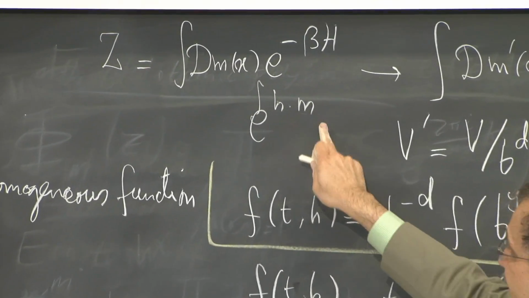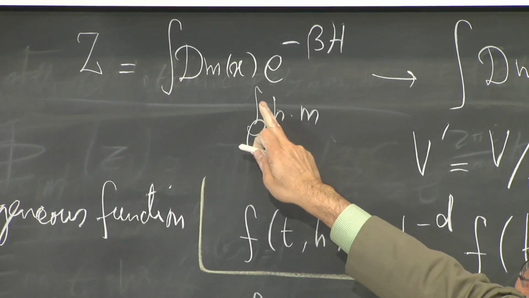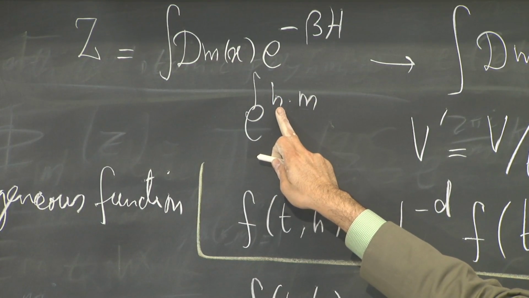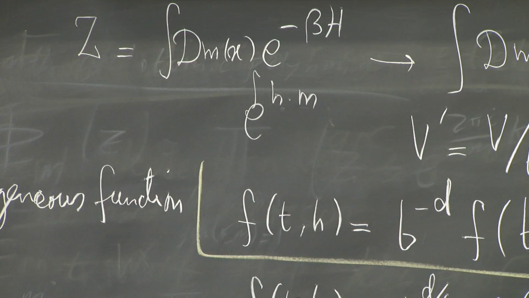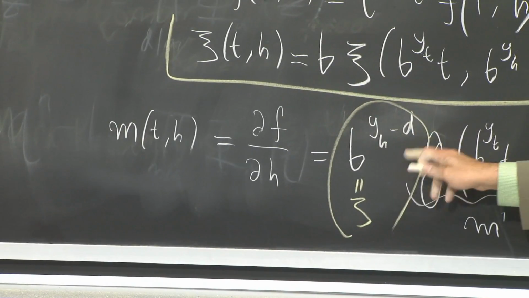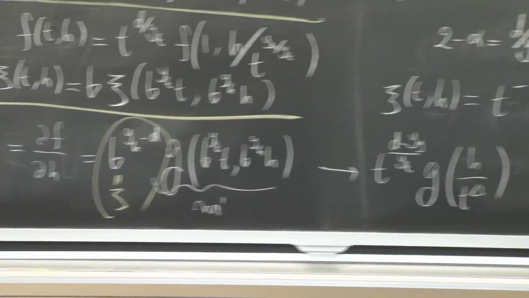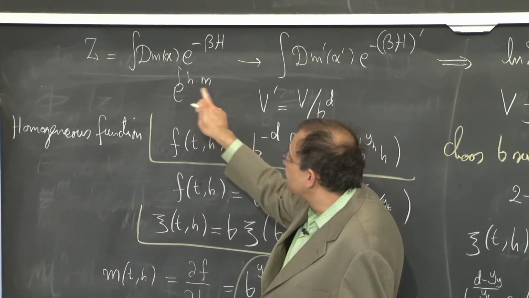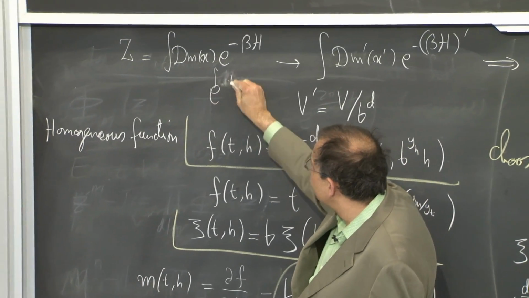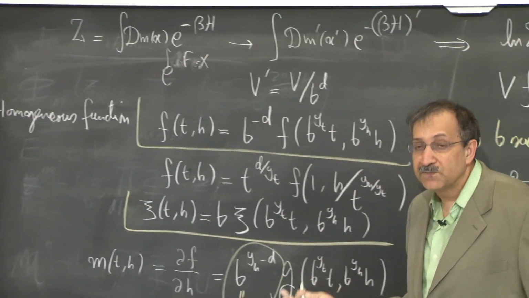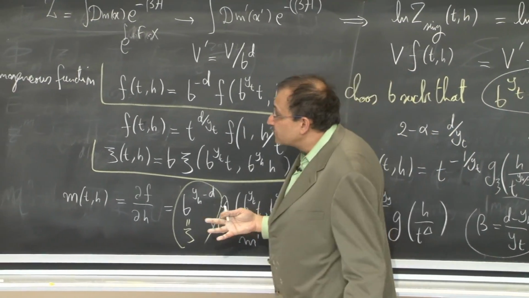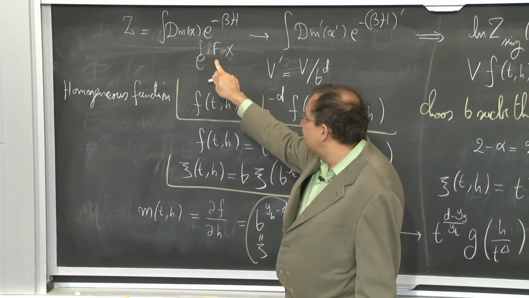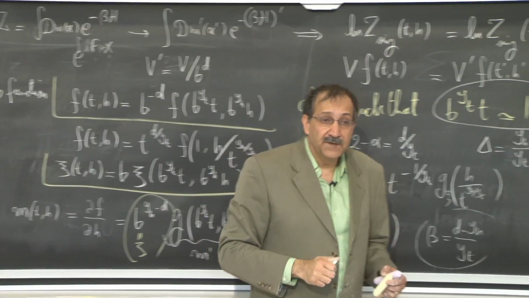And so, up to a factor of b to the d from integration, the dimensionality that I assign to h and the dimensionality that I assign to m should be related. And not only for the magnetization, but for any pair of conjugate variables, some f and some x, there will be a corresponding relation between what would happen to this x at the critical point and this factor f when I deviate from the critical point.